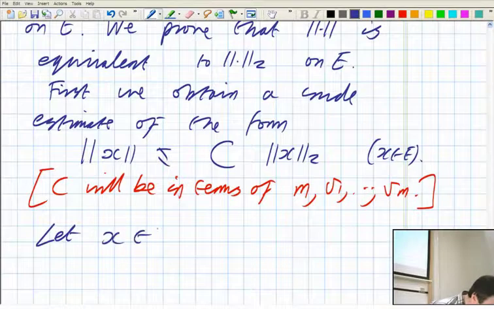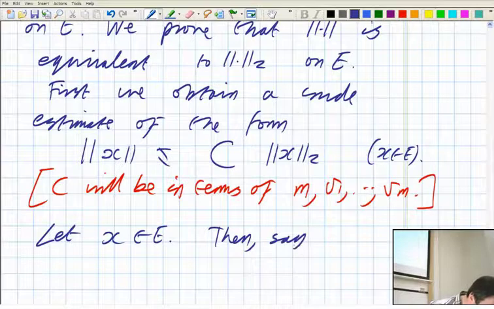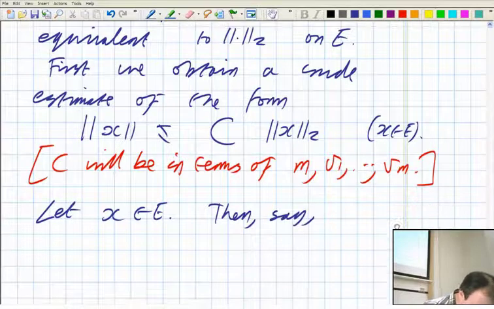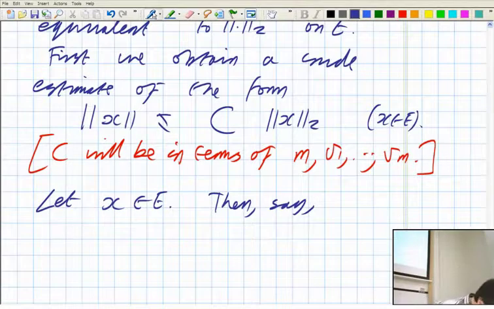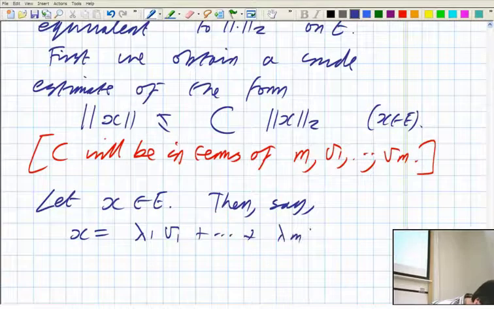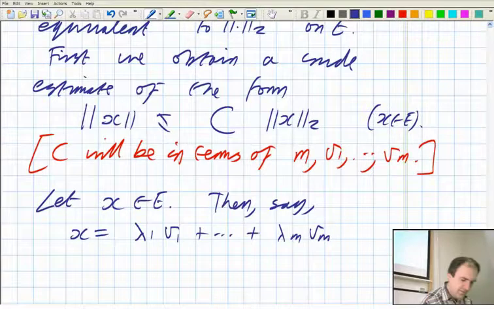Well, let x be in E, then say, x is equal to lambda 1 v1 plus and so on plus lambda m vm for some unique scalars, lambda 1 to lambda m.